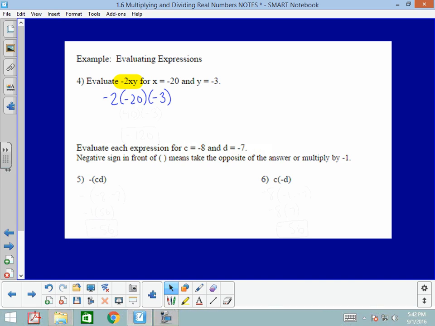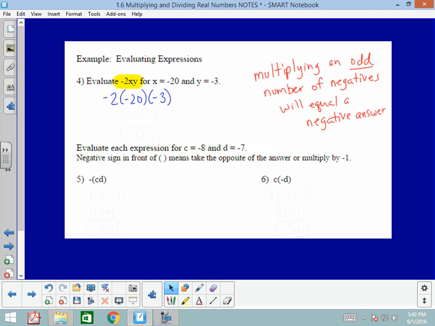Negative 20 is what x is equal to. And then parentheses negative 3, because that's what y is equal to. So you take the x out, put parentheses, take the y out, put parentheses. Now when you multiply an odd number of negatives, that will equal a negative answer. So this is going to be positive 40 times negative 3, which is negative 120.